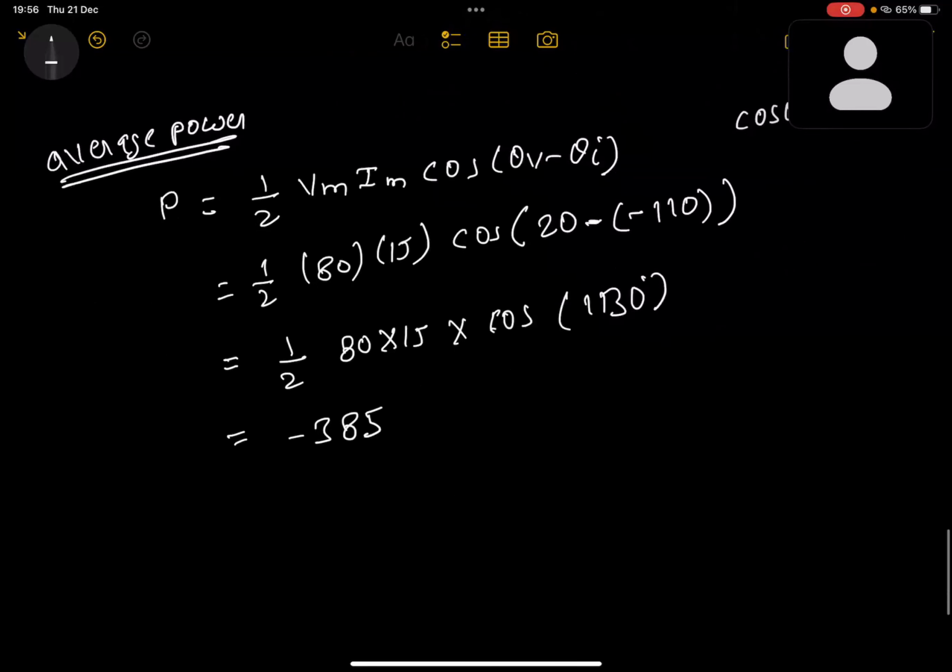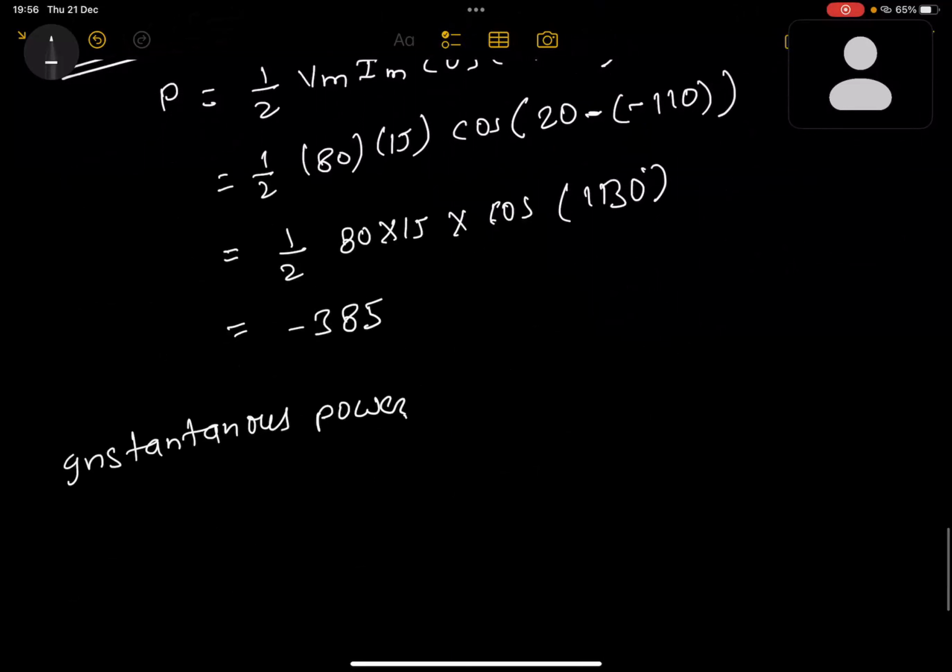Okay, average power. Now instantaneous power. Instantaneous power P equals 1 by 2 Vm Im cos(2 omega t plus theta v plus theta i).